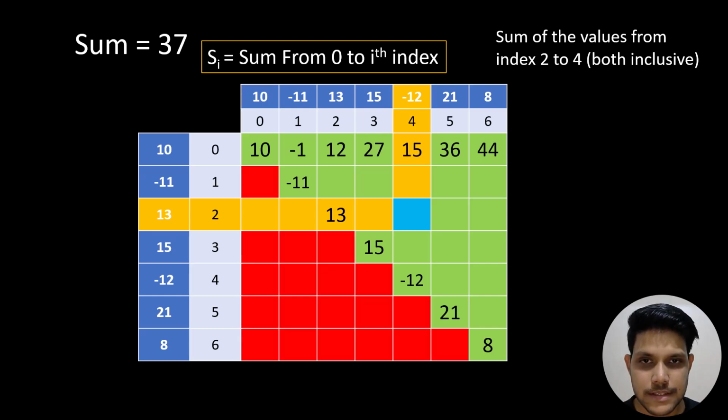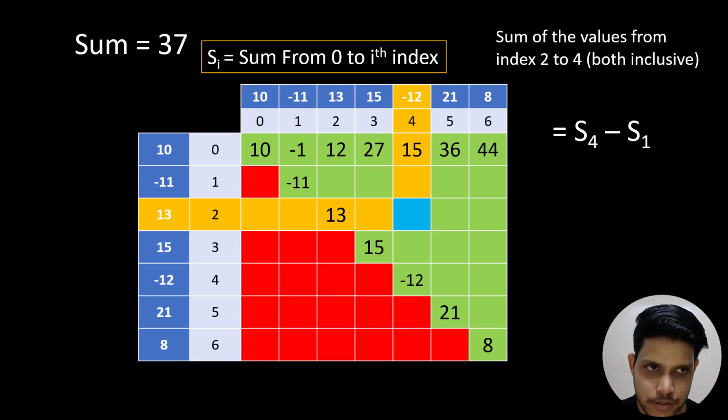So the sum at 0, 2 will become s2, which represents the sum from the 0th index to the 2nd index. We see that the value at cell 2, 4 is nothing but s4 minus s1.